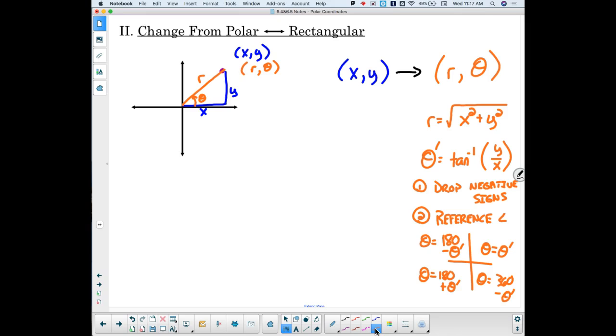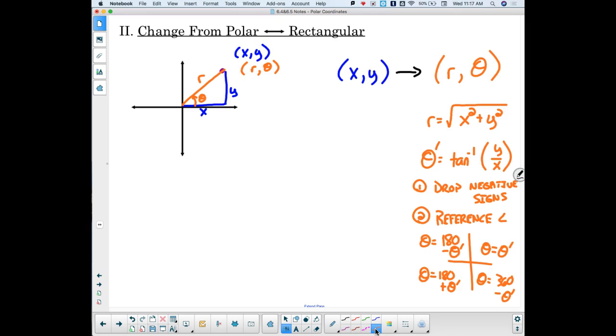Or if I'm dealing with radians, then in quadrant number 2, it would be pi minus my reference angle. In quadrant number 3, it would be pi plus my reference angle. In quadrant number 4, it would be 2 pi minus my reference angle.